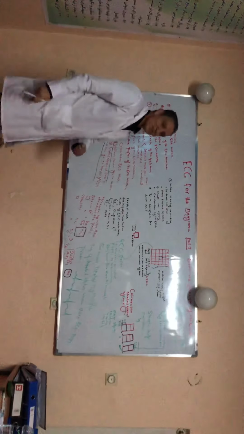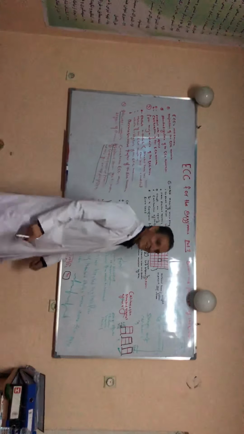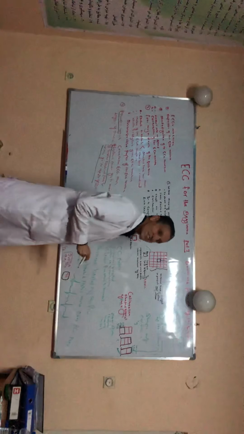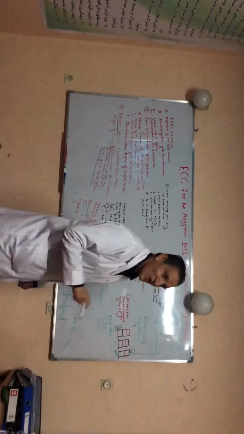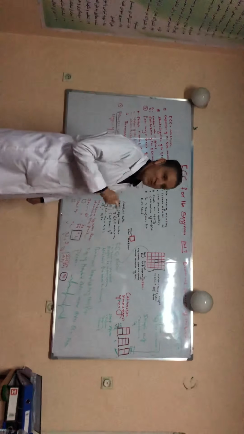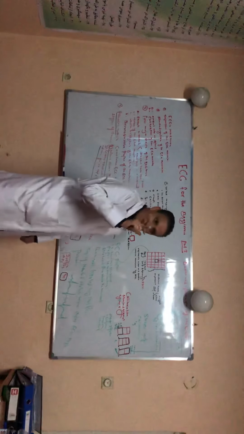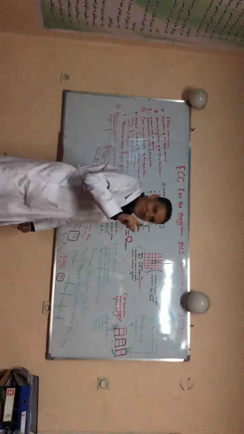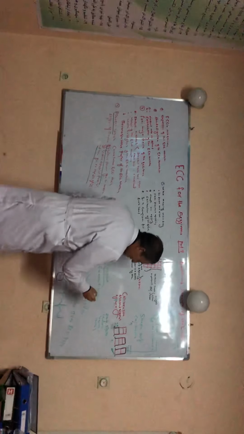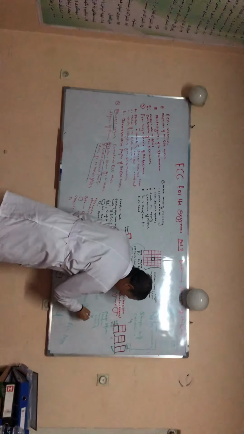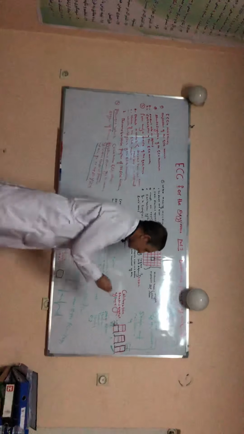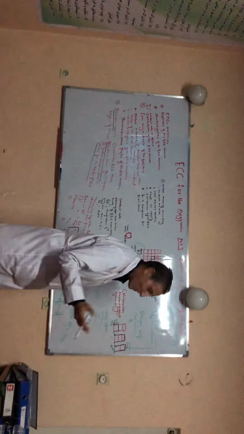Right now we will discuss the mechanism of the 0.04 seconds. We know one large square consists of 5 small squares, so 5 small squares equal 1 large square. We know the duration of 1 large square is 0.2 seconds. So when 1 large square duration was 0.2 seconds, this large square also included 5 small squares.